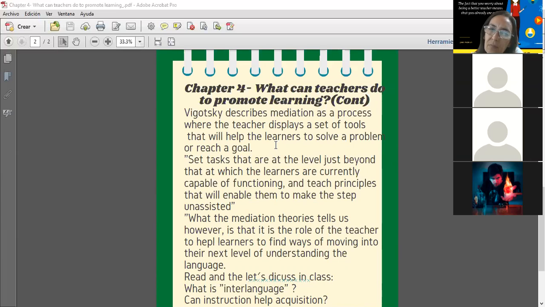Any questions about what mediation is? What tools are? Yeah, can you clarify the tools aspect? I feel that perhaps that refers to the learning techniques, or is it the contextualization, or what's the other one? Scaffolding? All of them are tools. I mean, it covers resources, strategies, and techniques.